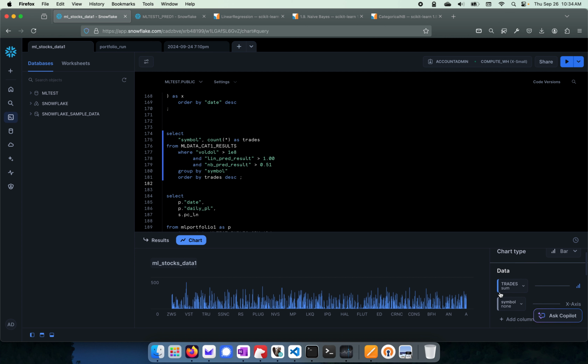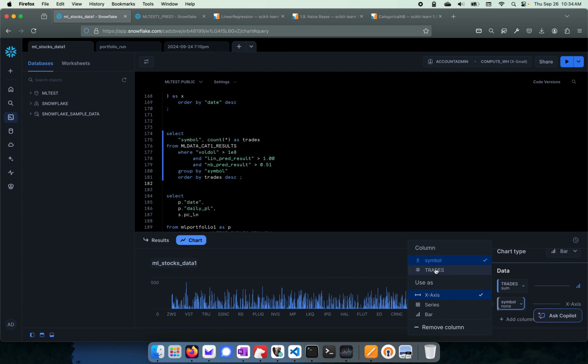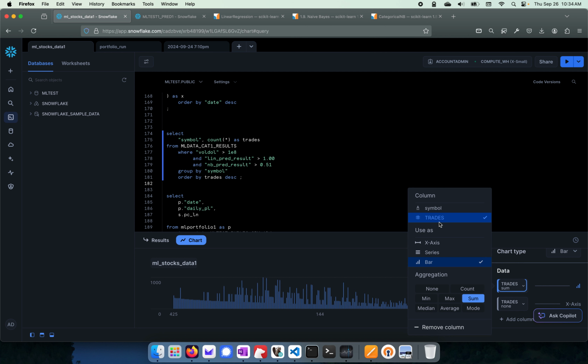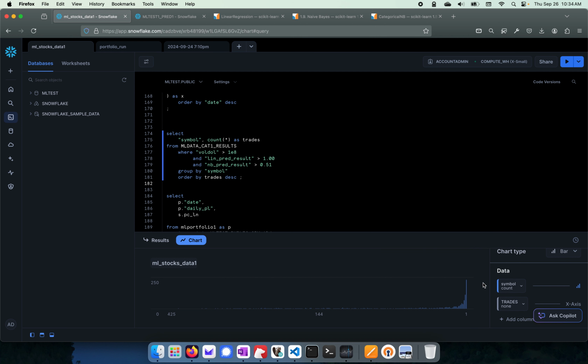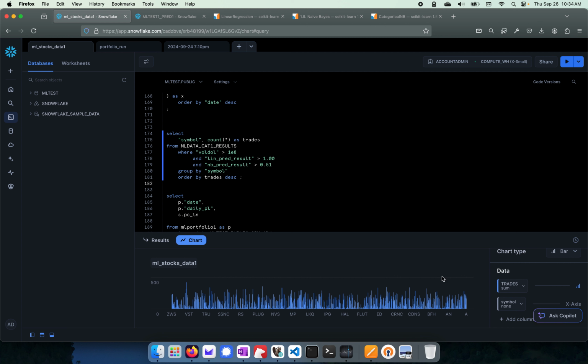Oh no, let's do the opposite. We want the x-axis to be the number of trades, the y-axis to be the symbol. And then I think what we want is we want it sorted.